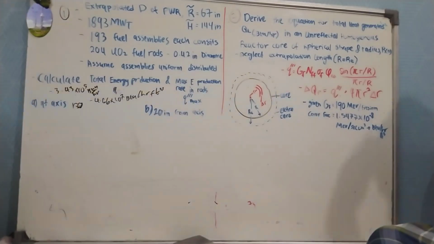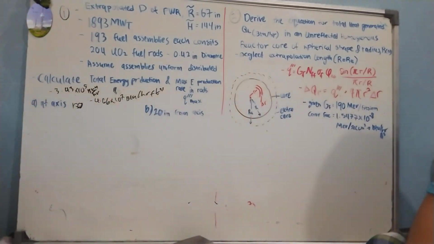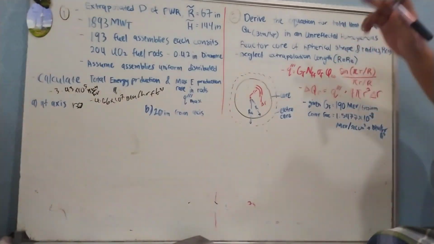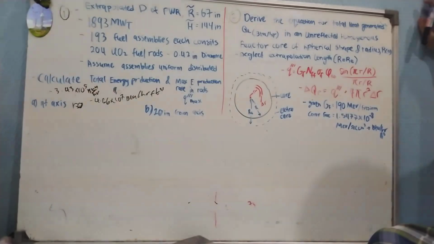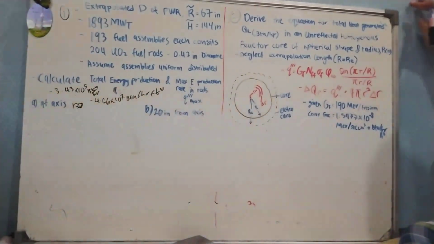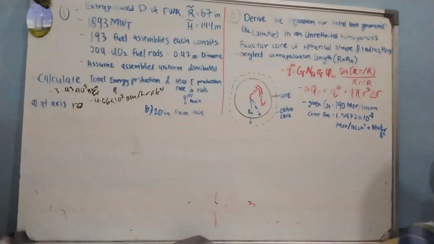The second question is a derivation question. Derive the equation for the total heat generated, capital QT, in an unreflected homogeneous reactor core of spherical shape and radius R. Neglect the extrapolation length, which is R equal to RE.